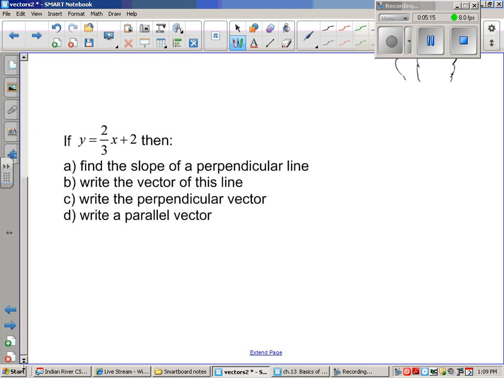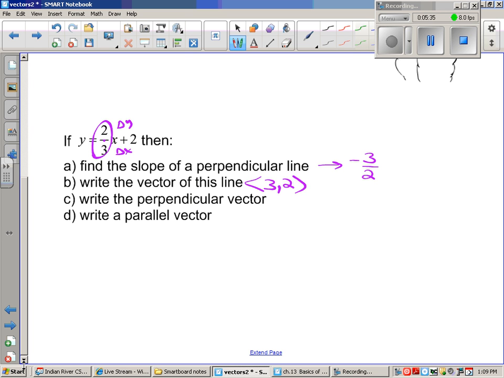Well, the slope of the perpendicular line here would be, excellent. Write the vector of this line. Well, the vector of this line that we have right here, change in y, change in x, would be 3, 2.